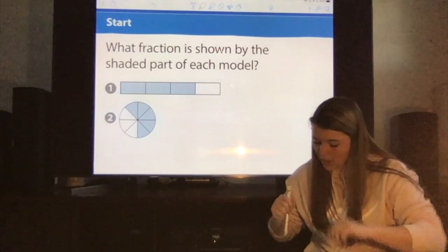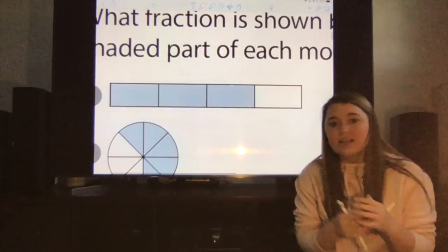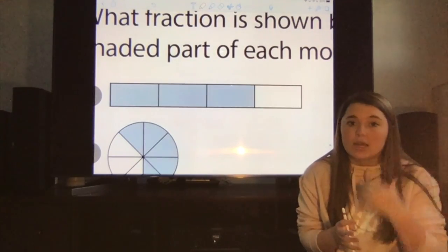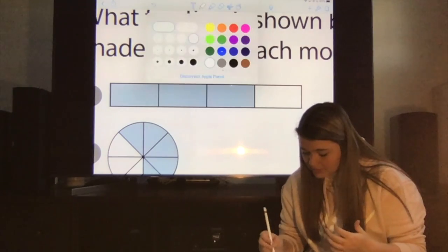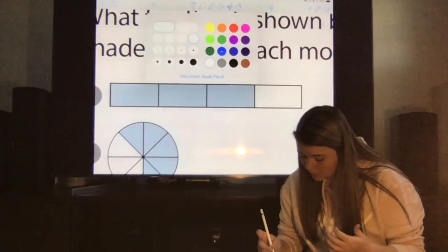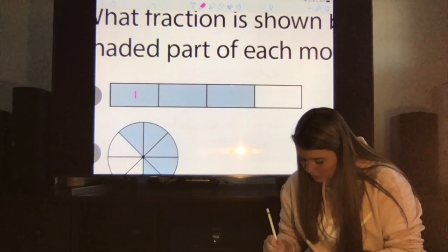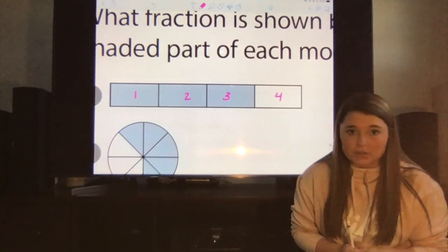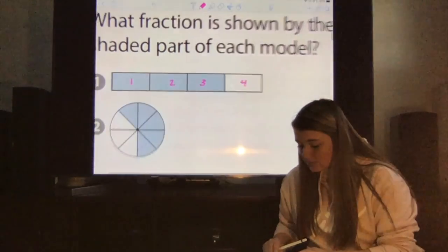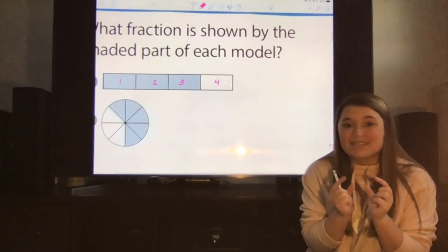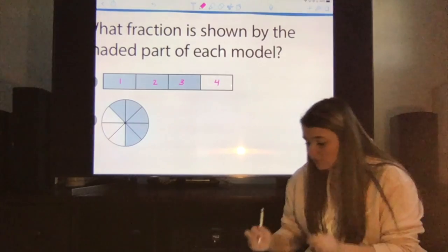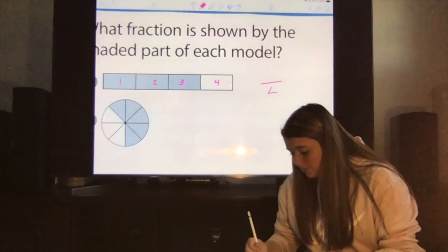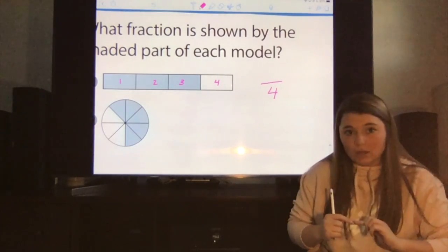All right, so in this first one, what I see is there are 4 equal parts. I know that there are 4 equal parts because I see 1 equal part, I see 2 equal parts, I see 3 equal parts, and I see 4 equal parts. I know that according to my definition, the denominator, the total number of equal parts, is going to go in the bottom, and that will be 4.